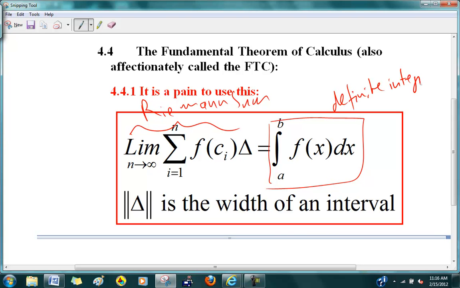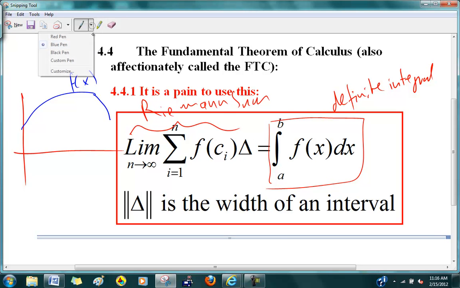Okay, so remember what the Riemann sum does. It actually calculates the area of a bunch of rectangles to give you the area underneath a curve. So let's say this is your function f(x), and you want to find the area from x equals 1 to x equals 2.